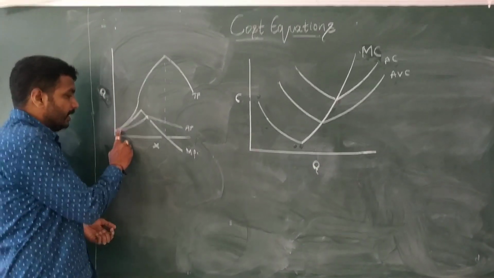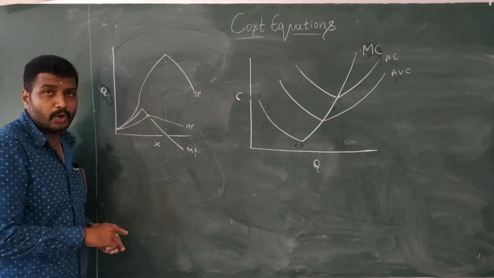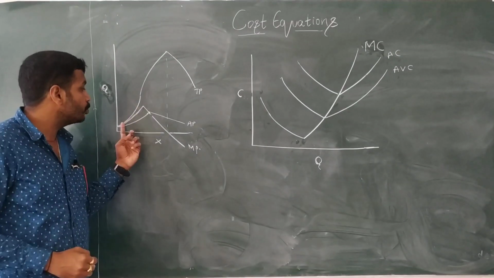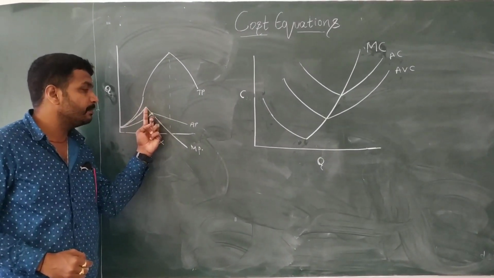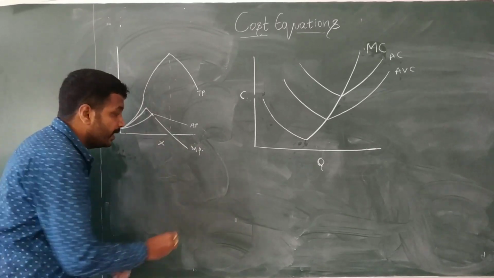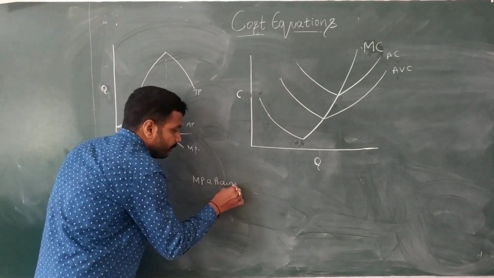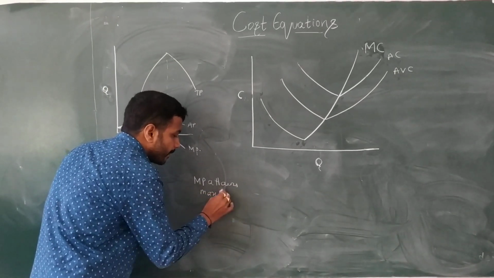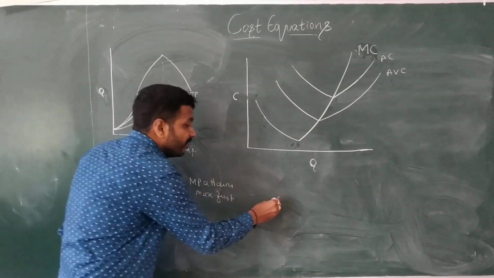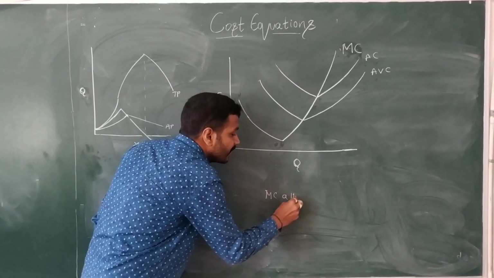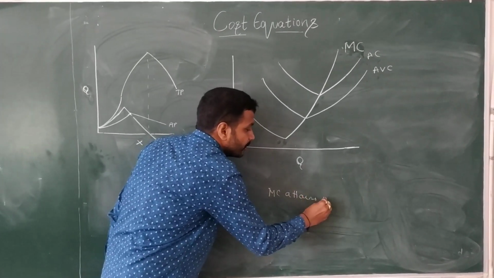See here, the first concept. The first product concept which attains its maximum is MP. Remember, MP attains maximum first, whereas here MC attains minimum first.